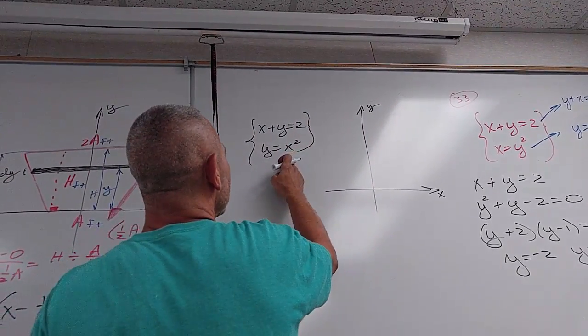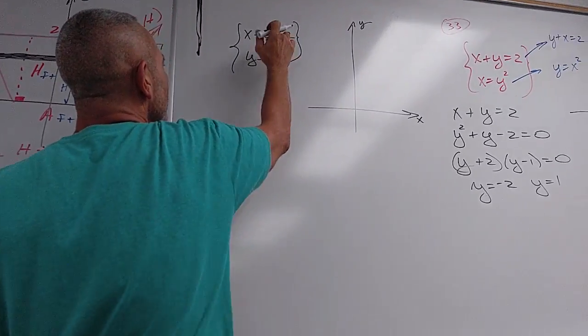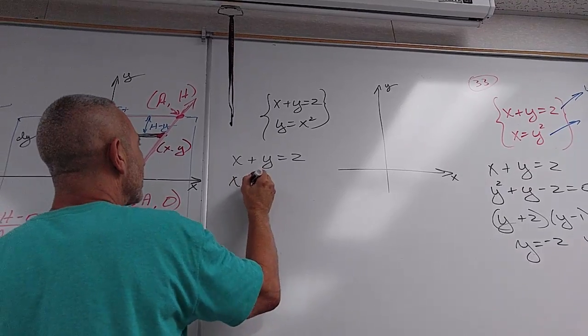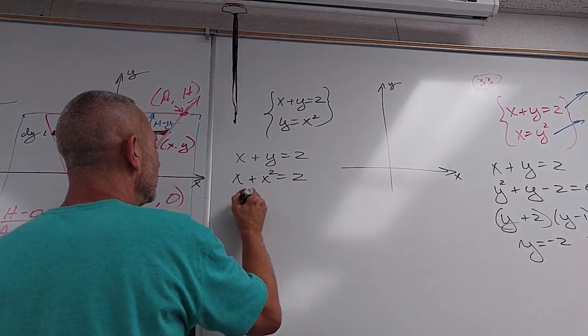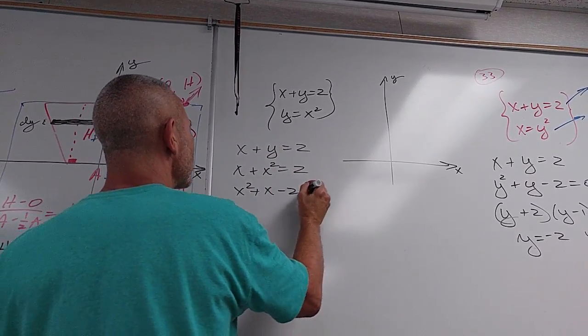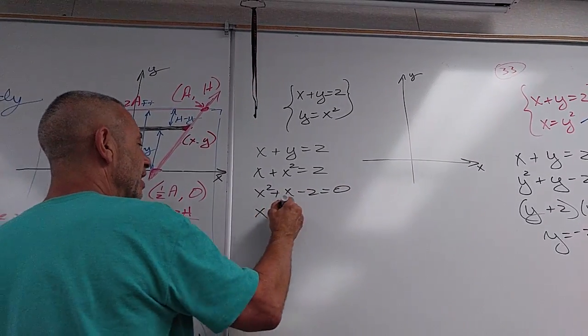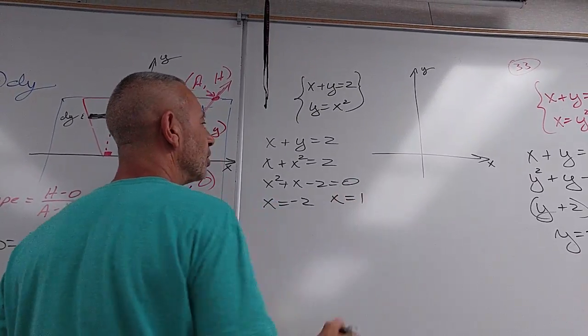Because now I'm not substituting in place of x, I'm substituting in place of y. Instead of x plus y equal 2, I've got x plus x squared equal 2. Notice it's the exact same situation we had, but we're just interchanging x and y. So I'm going to get x equal negative 2, x equal 1.